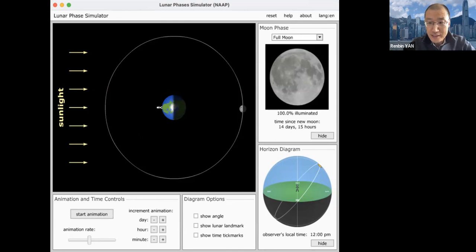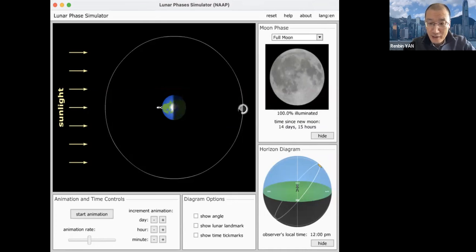So we don't see any reflection from the moon, and the moon appears to disappear. We say the moon is being eclipsed, or basically it disappears into the dark sky, and that is what we call a lunar eclipse.